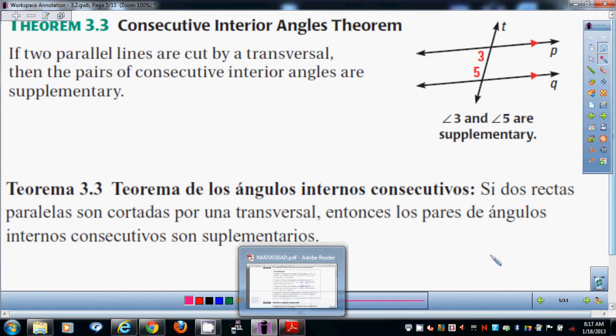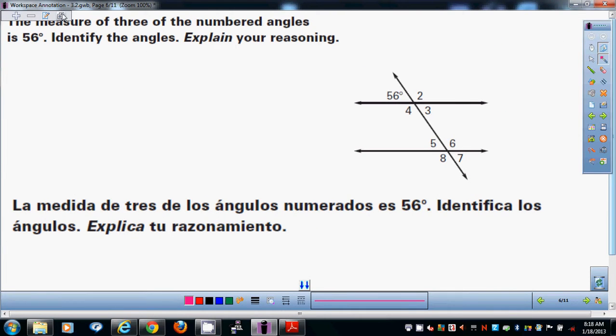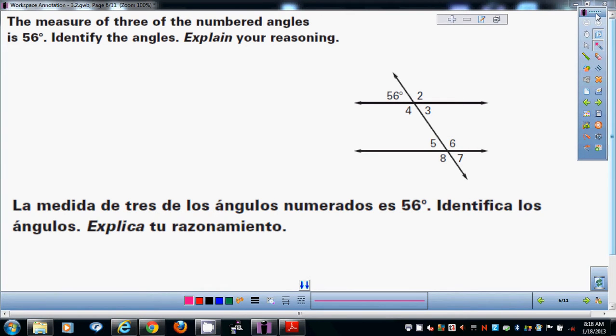How about now? All right. The measure of, oh, excuse me. Identify the other 56-degree angles. Who can look at this picture? Now remember, if they look the same.